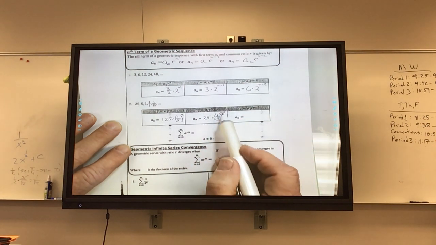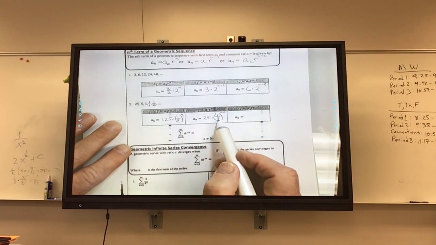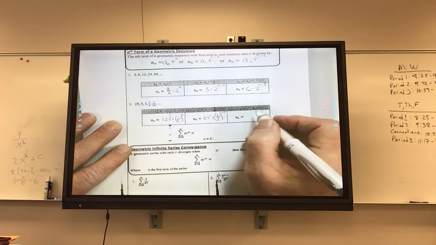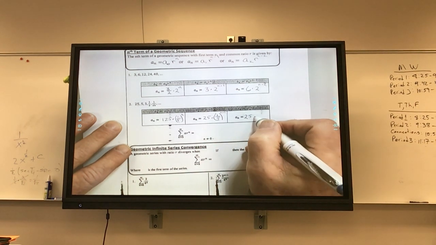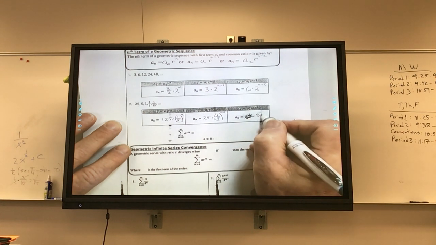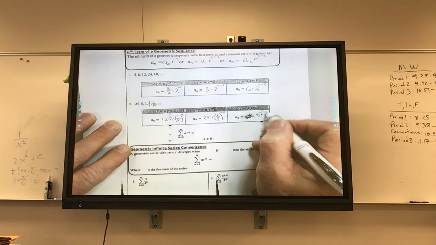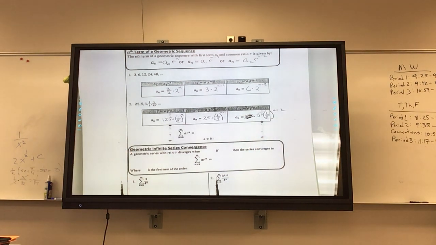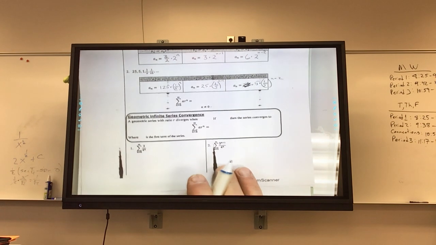And so if I put 1 in here, I'd get 1, and 25 times 1 is 25. And then I could write it this way: 5 times 1/5 to the n minus 2.